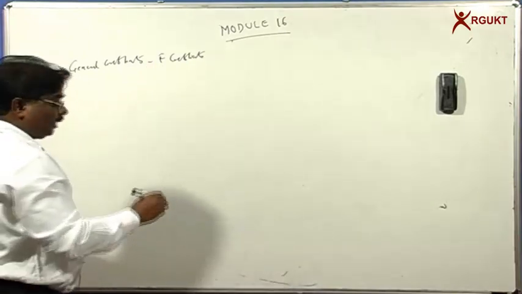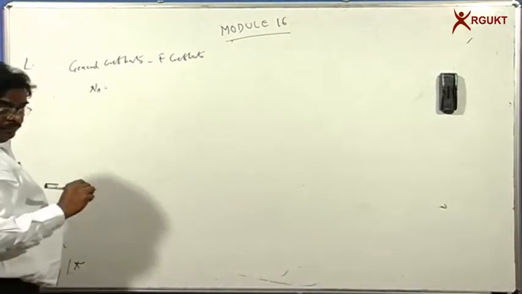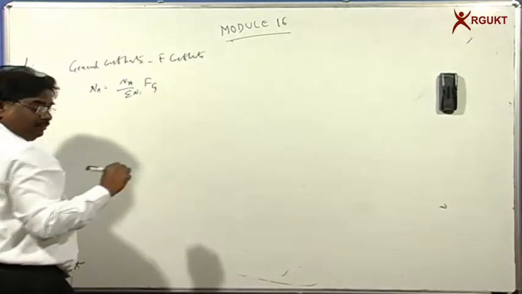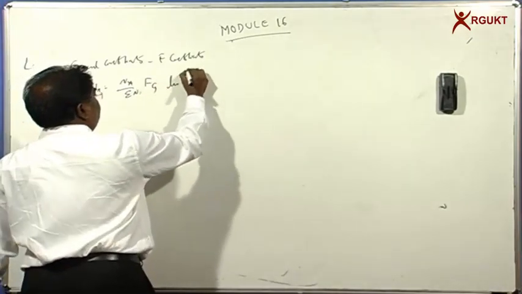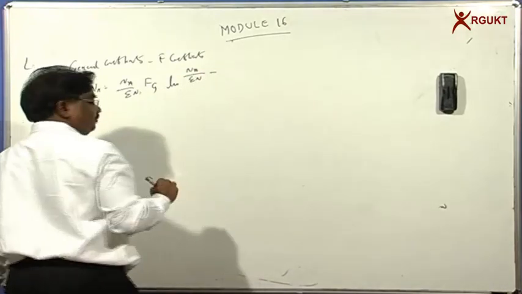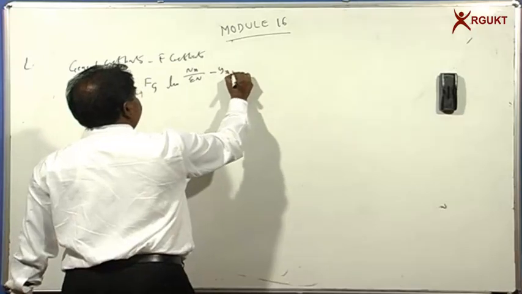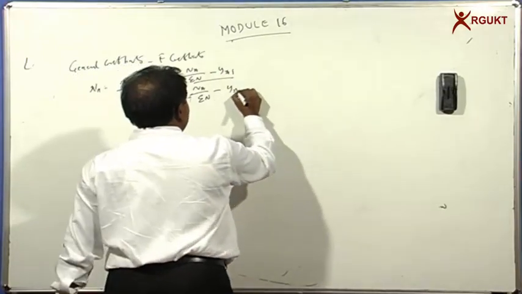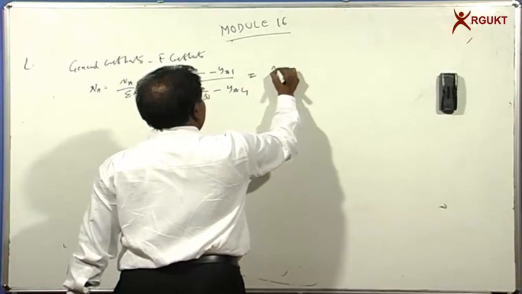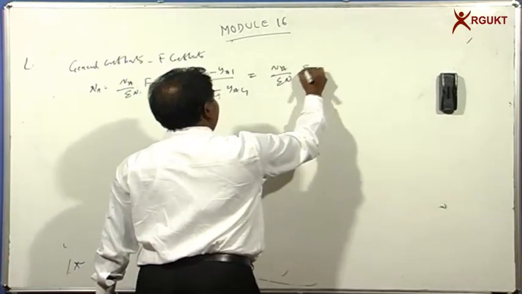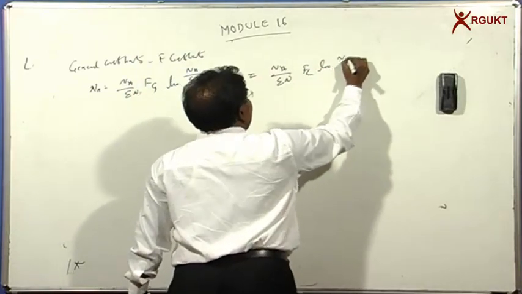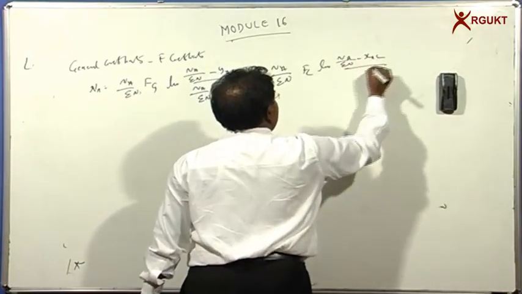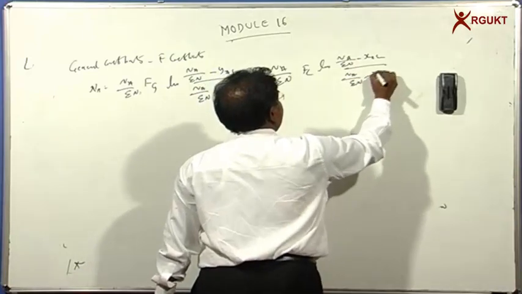And if these F coefficients are there, your NA is equal to NA by sigma N, Fg ln of (NA by sigma N minus YAI) divided by (NA by sigma N minus YAG), that is equal to NA by sigma N, Fl ln of (NA by sigma N minus XAL) divided by (NAI minus sigma N XAI).